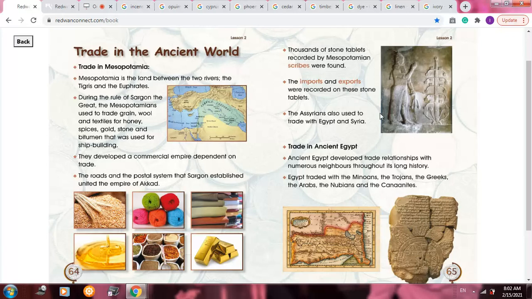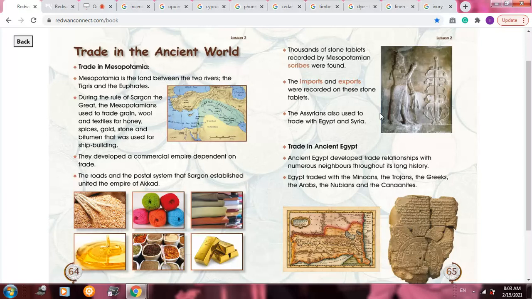So that's how people discovered what they used to trade with other nations. They found thousands of stone tables recorded by Mesopotamian scribes, on which were recorded the emperors and the experts of the empire.